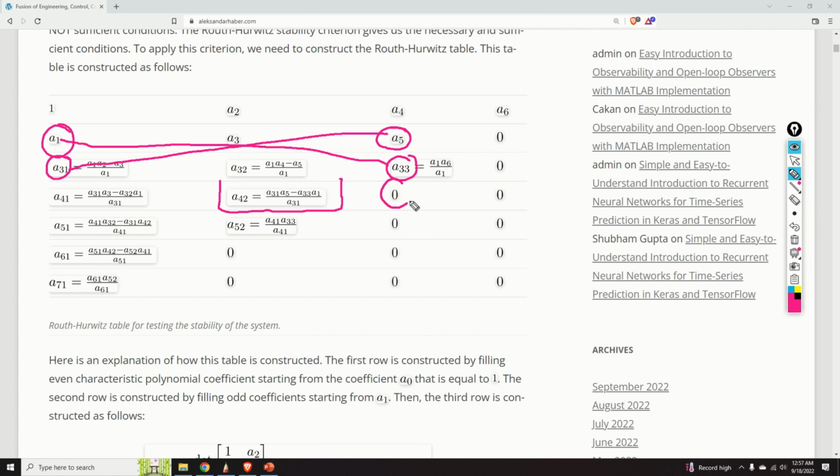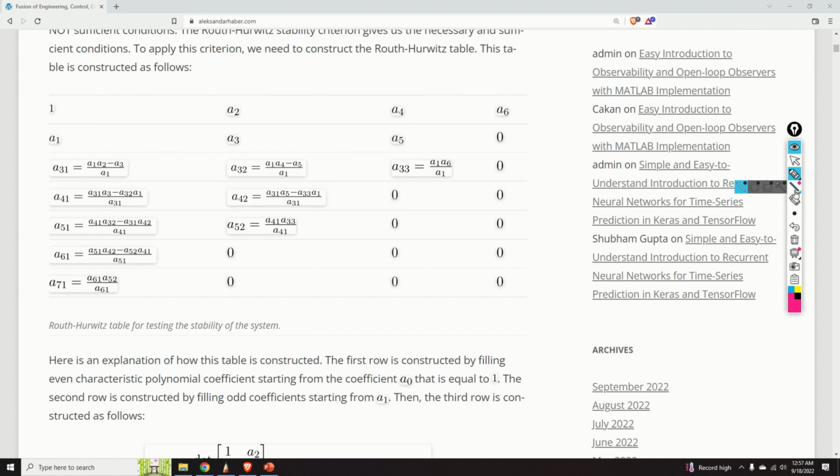So how about the entry over here? Well, the entry over here is equal to 0, and you can verify this by yourself. Now, how about the coefficient over here? Let us apply the same recursive principle.